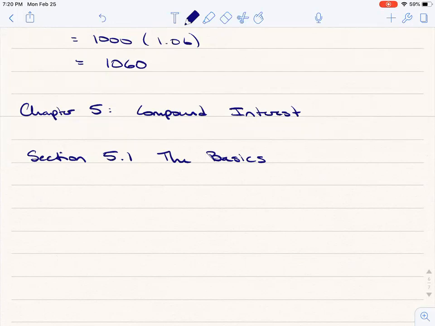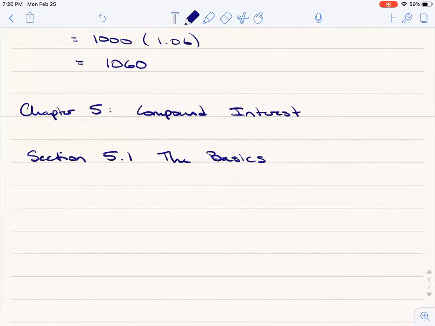So far with simple interest, we've deposited some amount and it just grows at some interest rate. Let's just talk about saving money, not loans, since they behave the same way. We've made a deposit to the bank. It sits there and just grows at some interest rate. That's simple interest.